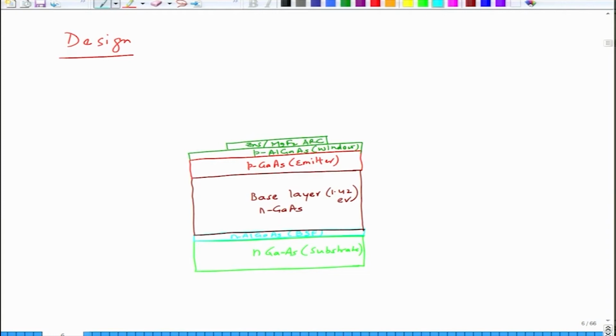And then we have a heavily doped region on these sides, let us say, P plus. Okay, P plus gallium arsenide.